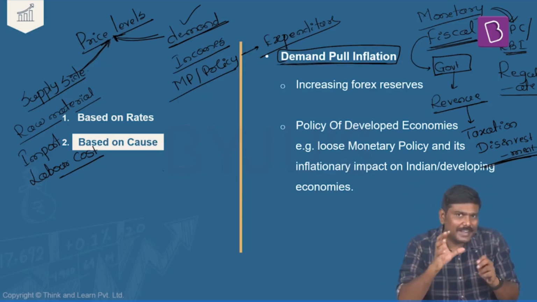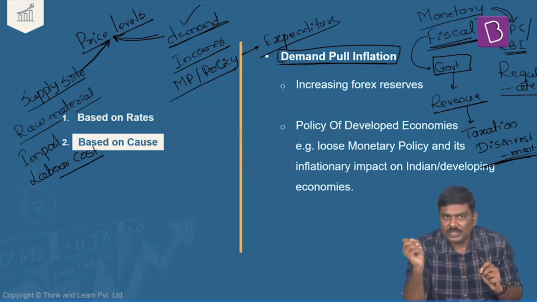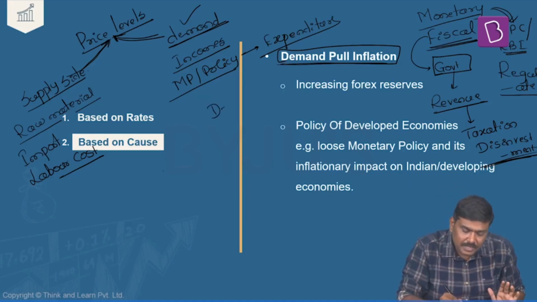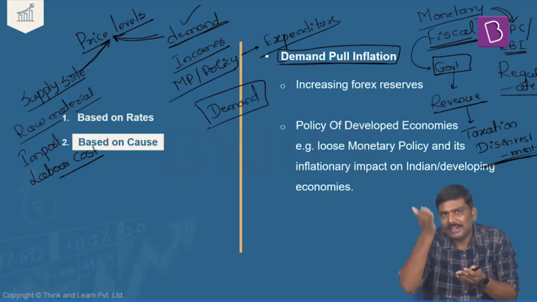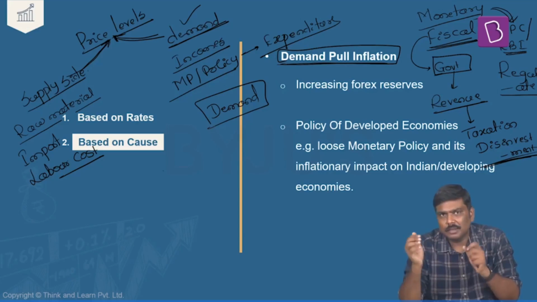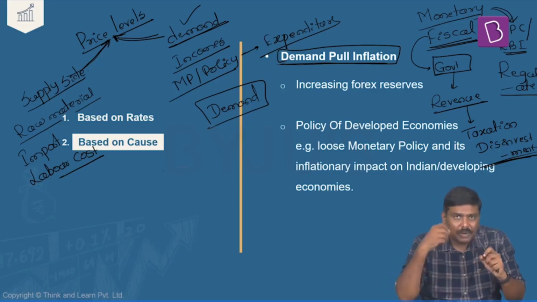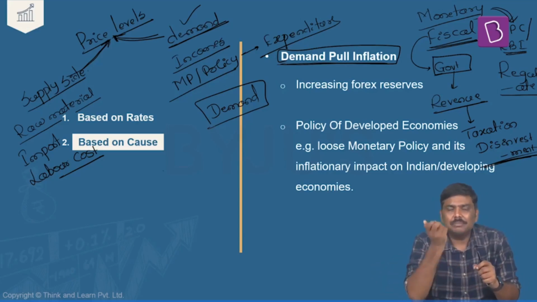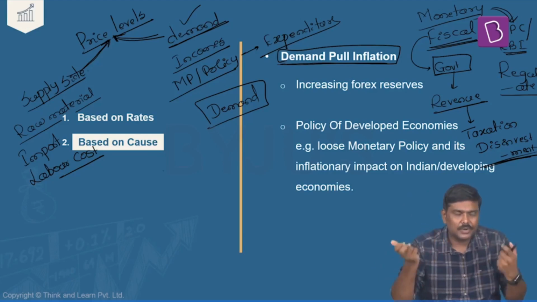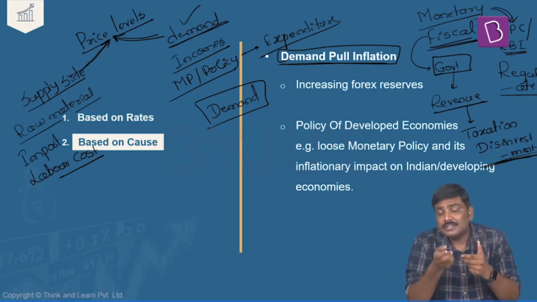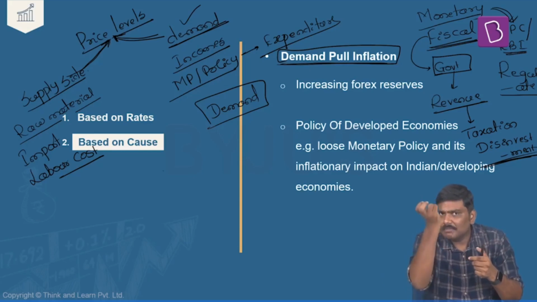If you want to be very technical in this particular case, it simply is a situation wherein the demand is increasing compared to supply. Demand has spiked up compared to what is the supply in the market. And this particular demand will start pulling up the price levels in the market. Is it okay? The higher demand will start pulling up the price levels in the market.